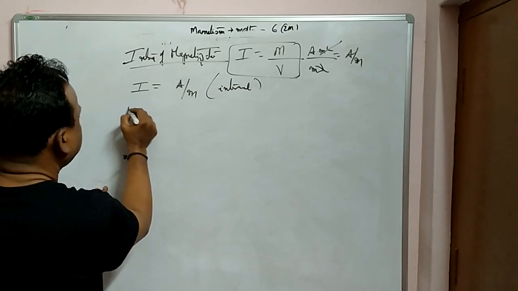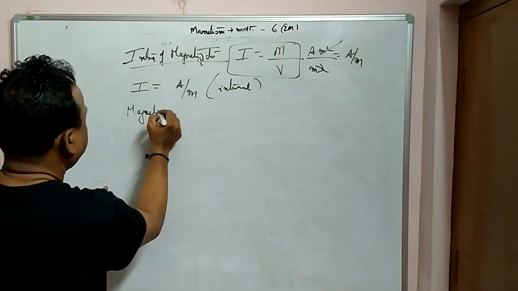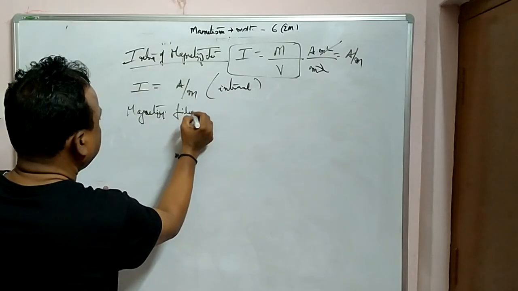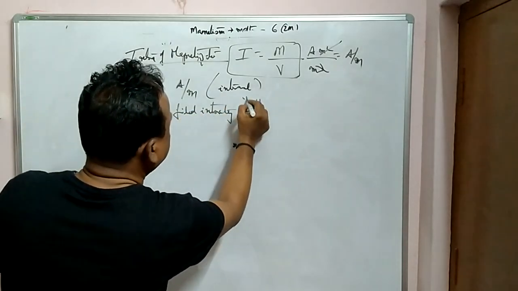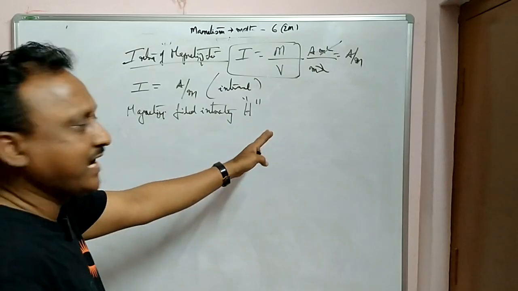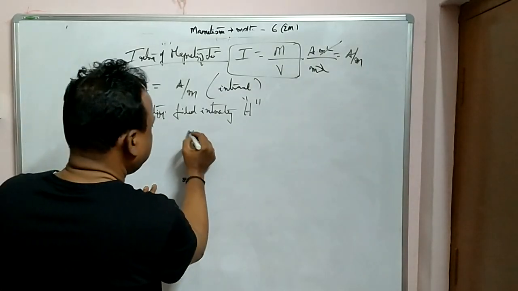Magnetizing field intensity H. This is external. Okay, see what the relation looks like.